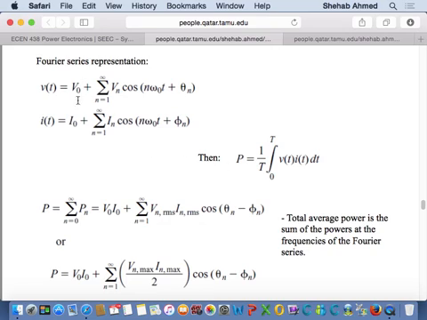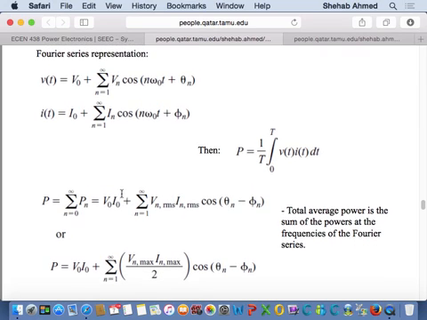Instantaneous power is the multiplication of each of these components by each other. The DC component will create some DC power transfer to the load. The first harmonic will create some first harmonic power transfer to the load, so on and so forth, right? Everybody's okay with this? It's fine?